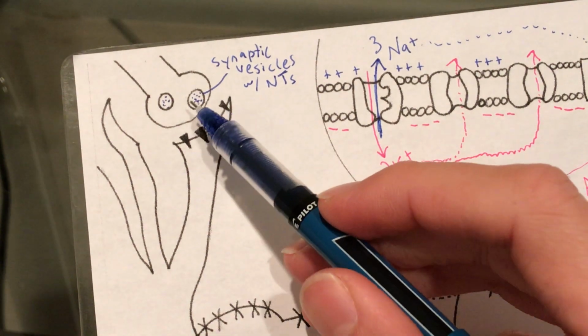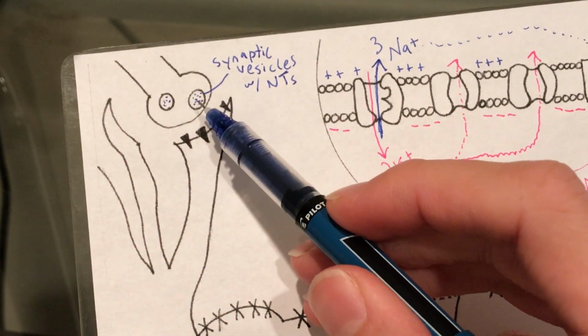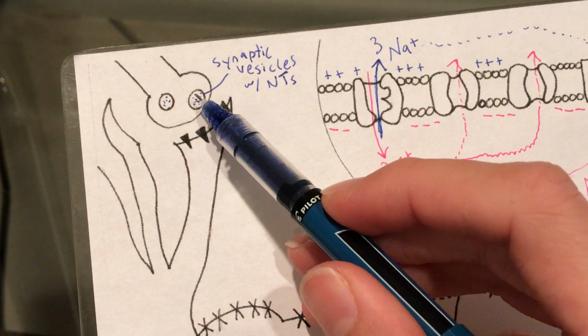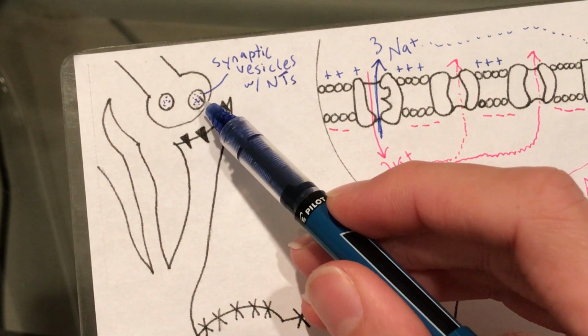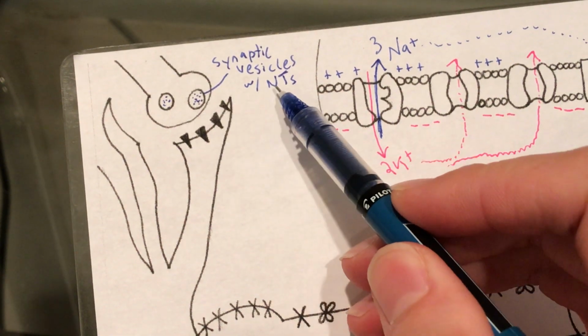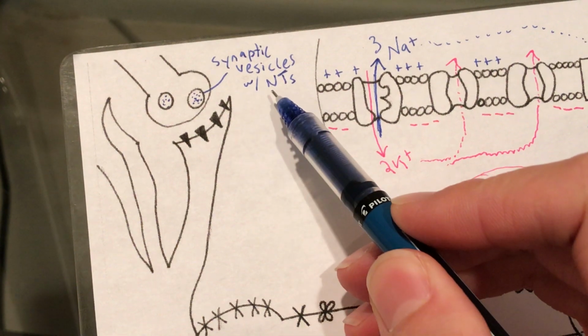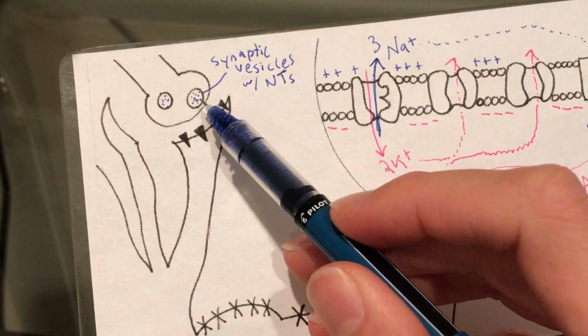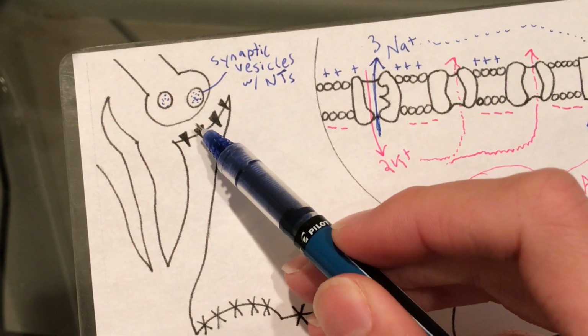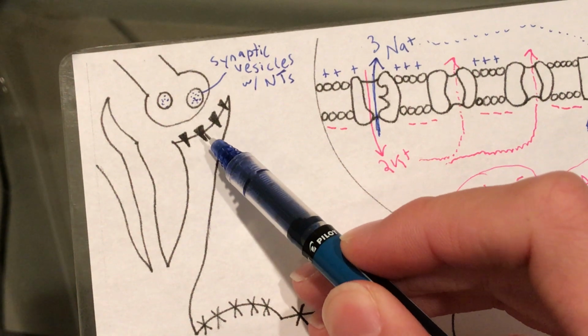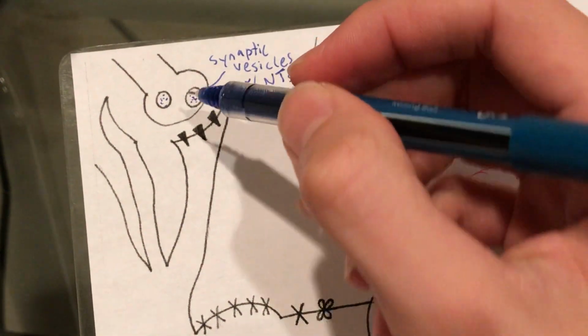A common ligand would be acetylcholine, or ACh. And so ACh, or acetylcholine, would be the neurotransmitter, and it is also considered a ligand. So that neurotransmitter slash ligand is going to bind this ligand-gated sodium channel.